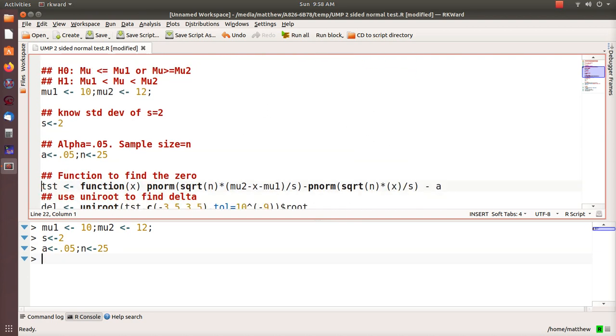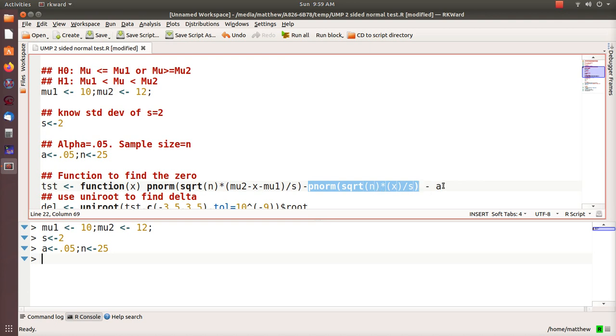Now this is our test function. In part 1, I showed how to solve simultaneously for the values of C1 and C2, which is the critical region for our hypothesis testing. And this function does it. The pnorm is the CDF for a normal distribution, so when we take the CDF at one point minus the CDF at another point, that's a probability.